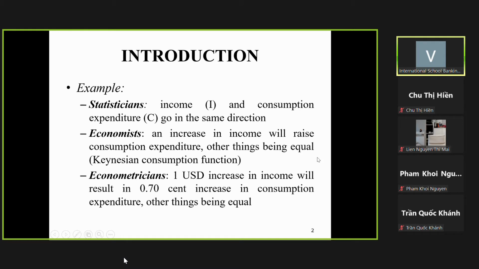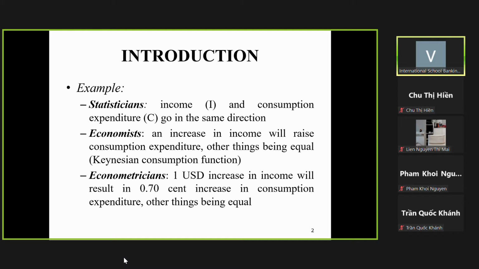It means that according to economists, besides income, there are many other factors that could affect consumption expenditure. But if we want to see only the effect of income on consumption expenditure, we need to keep the other things fixed or equal. So we just let income change, and the other things have to be fixed. That means we are considering the partial effect or the marginal effect of income on consumption expenditure.